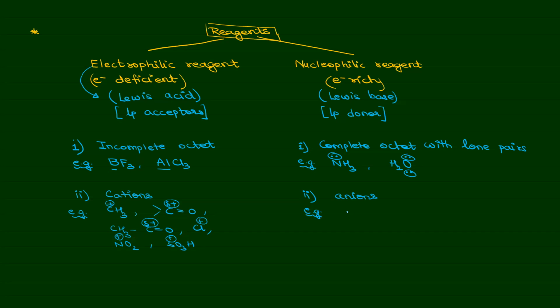Under the anions, we have many examples like Cl minus or all the halides, NH2 minus, that is the amide anion, or the alkoxide C2H5O negative, HS negative, which is bisulfide, or H negative, which is hydride. All these species with a negative charge will now onwards be referred to as nucleophiles. So this is how you should understand the electrophile and the nucleophile in compounds.